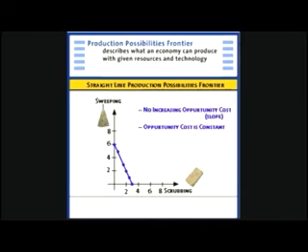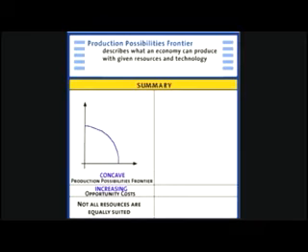So, quick summary. A bowed outward, concave production possibilities frontier is for a case where the technology has increasing opportunity cost. And that's because not all resources are equally well suited to all uses. But a straight line production possibilities frontier is for a case where the opportunity cost is constant.